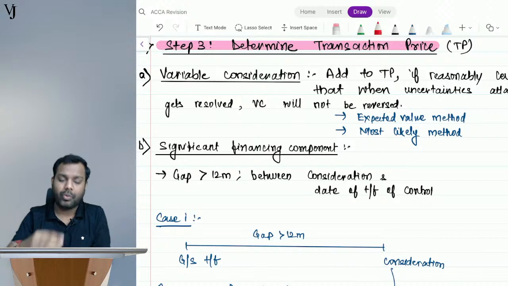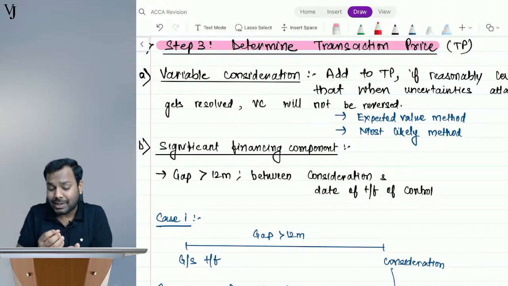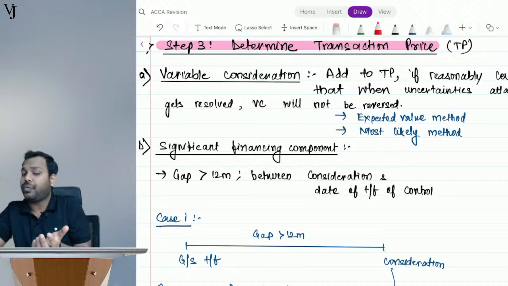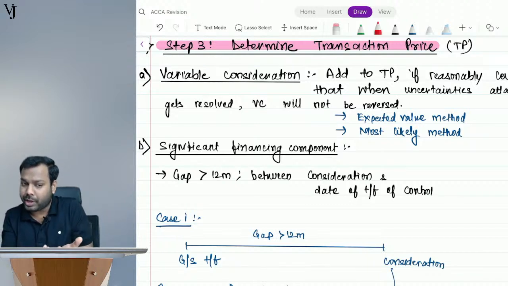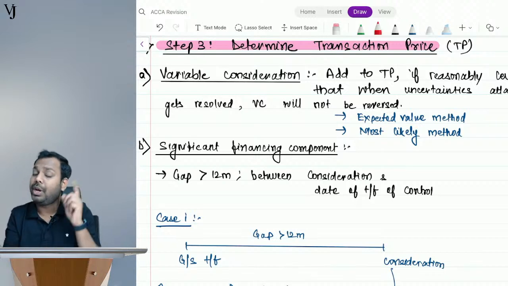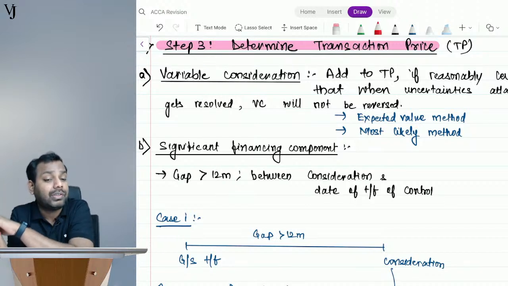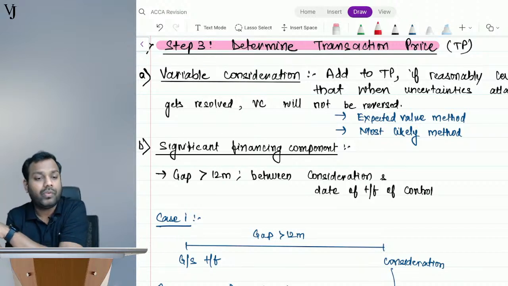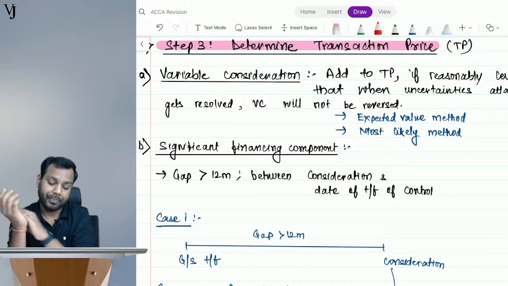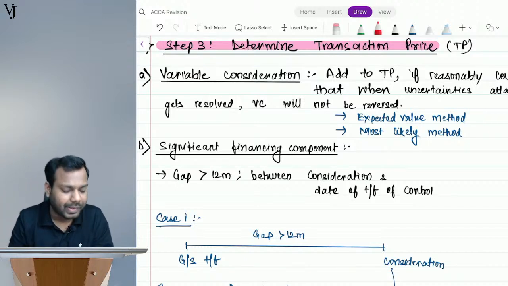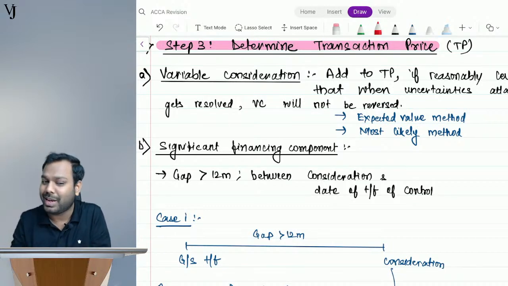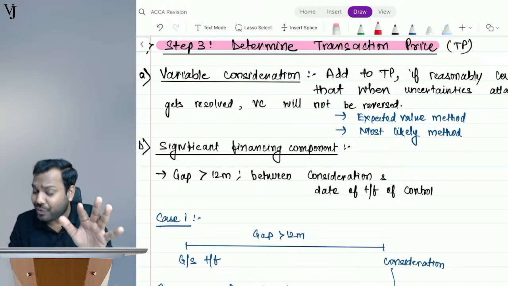Basically, you have to be reasonably certain that the uncertainty attached to the variability of the consideration, whenever it gets resolved in the future, will not cause the revenue you are recognizing now to be reversed. So though it is variable consideration, the standard says recognize revenue only when you think it is not variable.